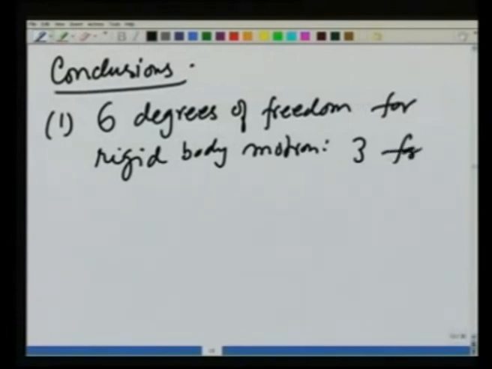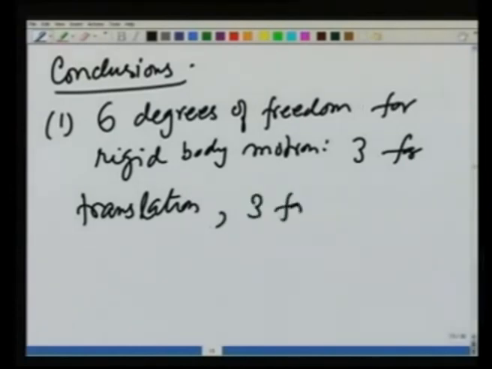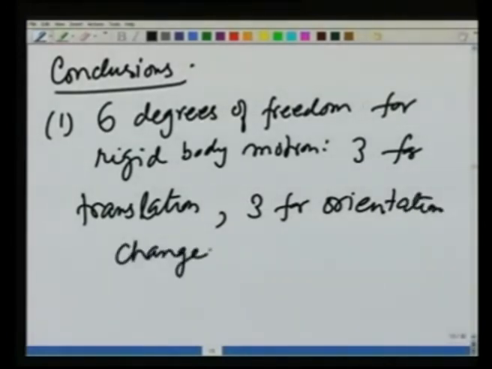Three for translation, and 3 for orientation change. The tremendous reduction in the degrees of freedom comes because there is a constraint of two particles being at the same distance no matter what the motion is.